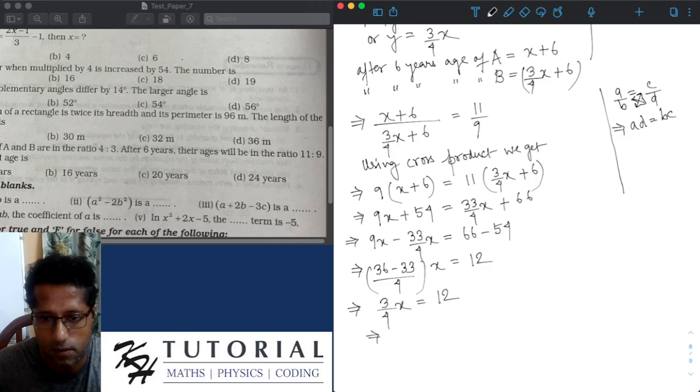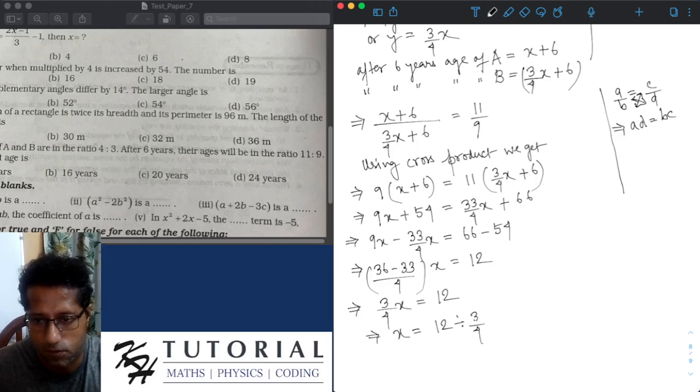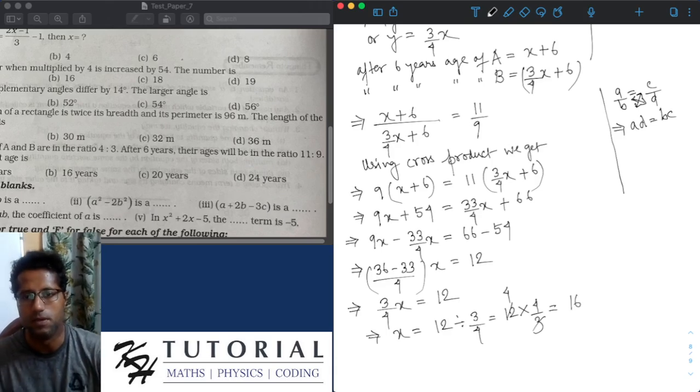This implies x equals 12 divided by 3 by 4, which is 12 multiplied by the reciprocal of 3 by 4, that is 4 by 3, and this is 16. So x is 16.